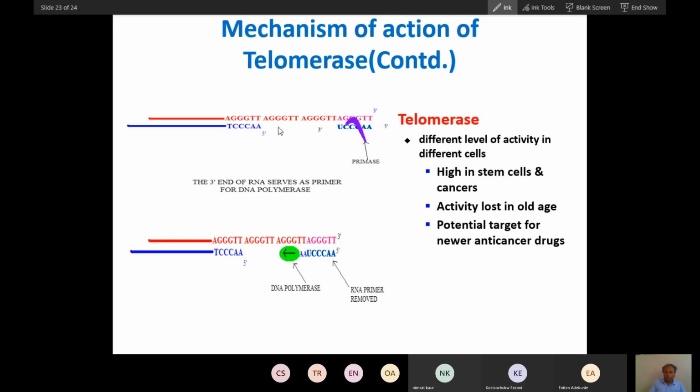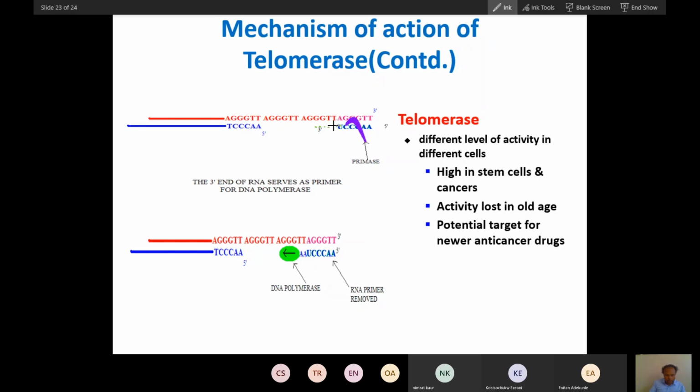The opposite strand can easily be synthesized through primase, because bases cannot be added here. So primase will synthesize this strand, because the primer is RNA. Then to this strand there will be addition of opposite nucleotides, like this.